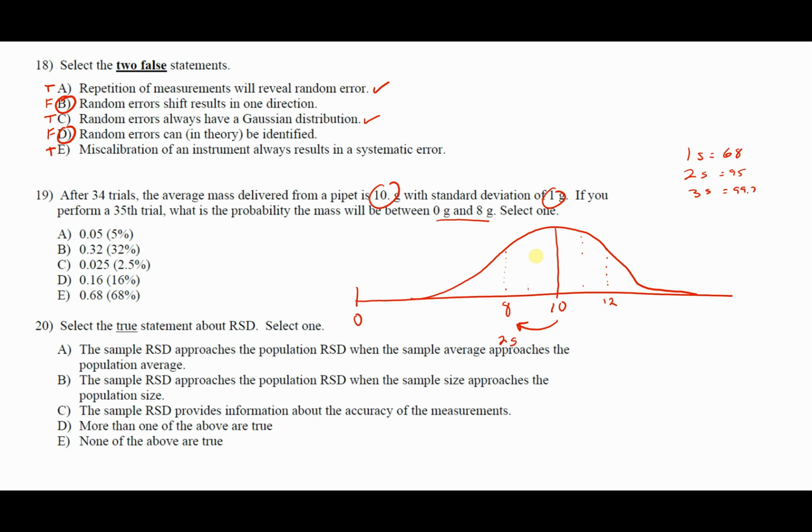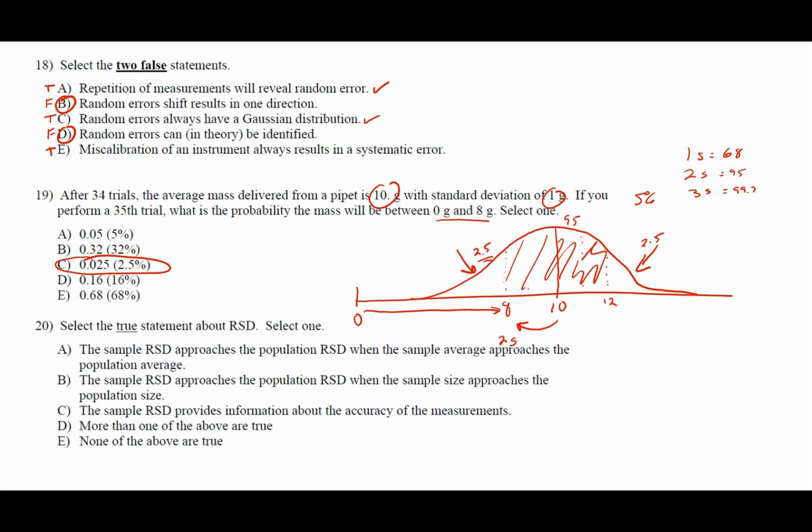So between 8 and 12, that's 95% of the area under the curve, which means these two areas on the side have a total combined of 5%, where 2.5% is here and 2.5% is there, right? So in order to get from 0 to 8, there's a 2.5% probability that it will fall within that area.